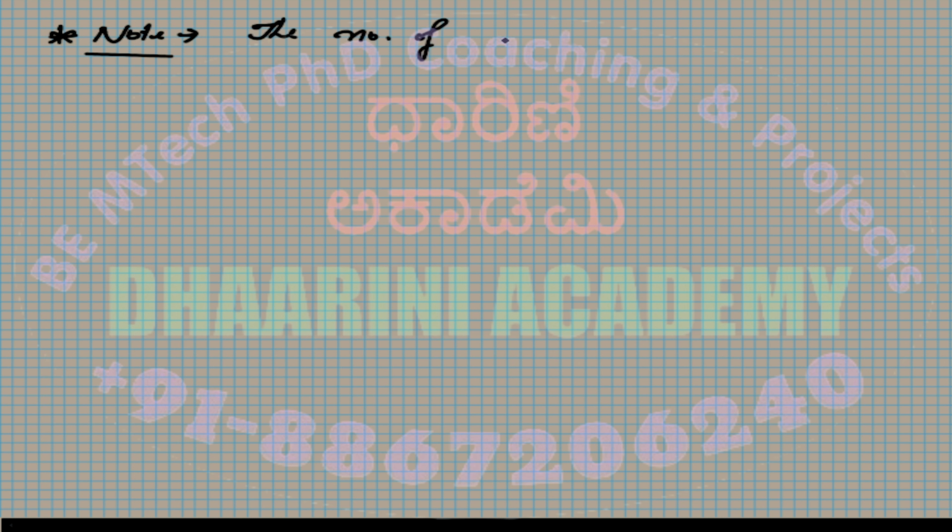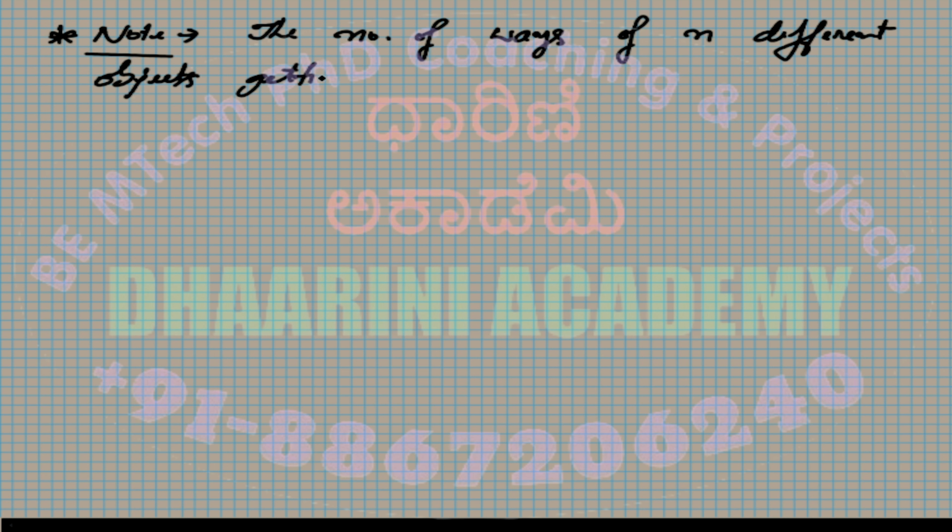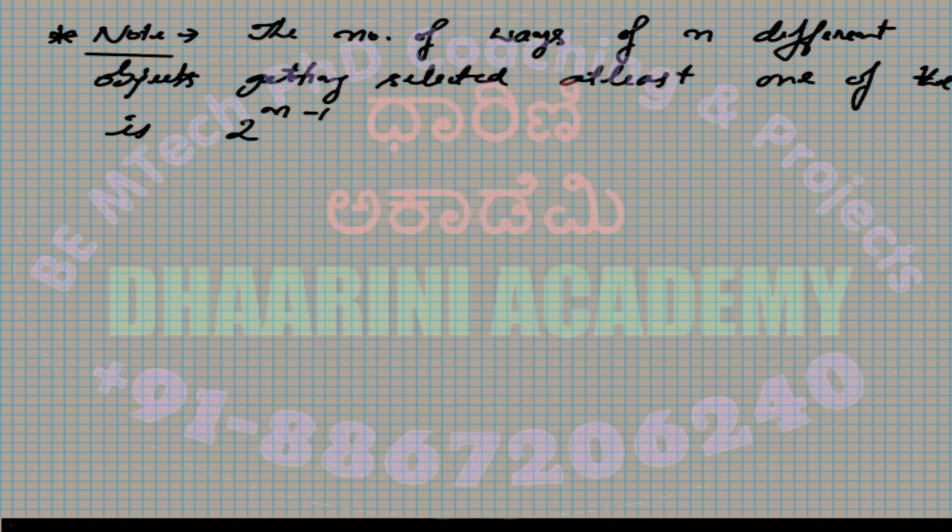The number of ways of n different objects getting selected, at least one of them, is given by 2 to the power n minus 1.